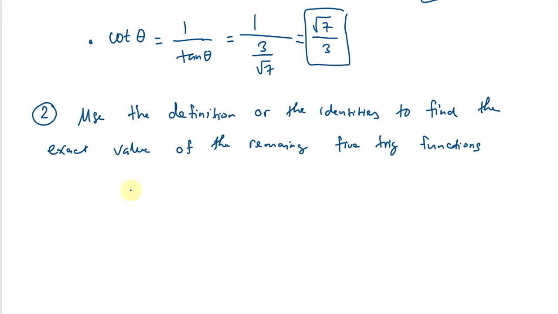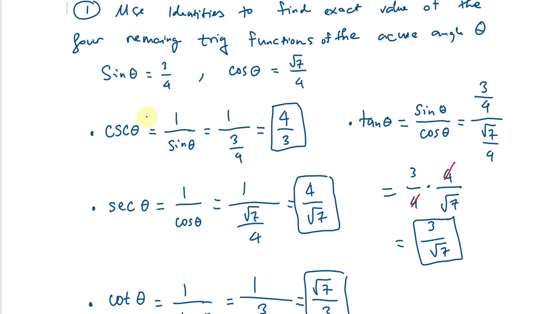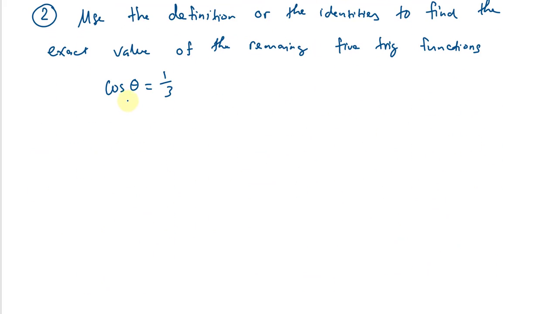Okay, so in this case we are only given cosine to be 1/3 and we are asked to find the other 5. So it's more difficult, right? Because in the first case we had two of them, but now we only have one of them. So how do I do that?